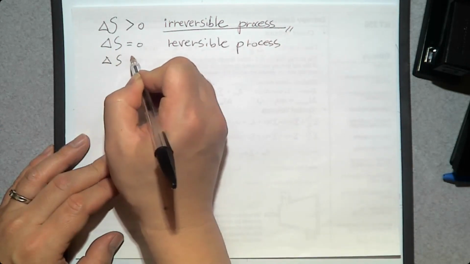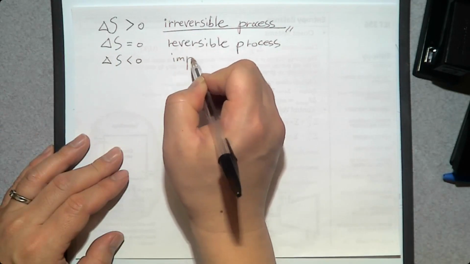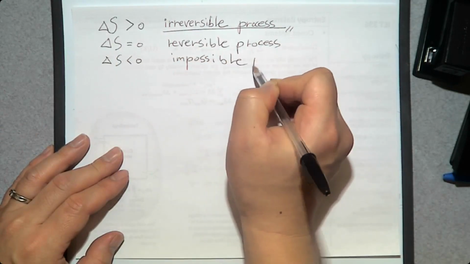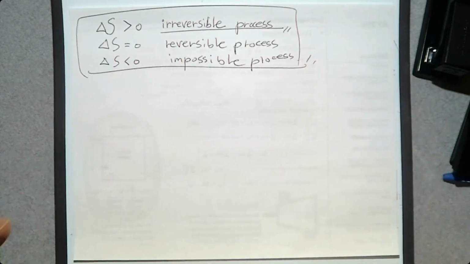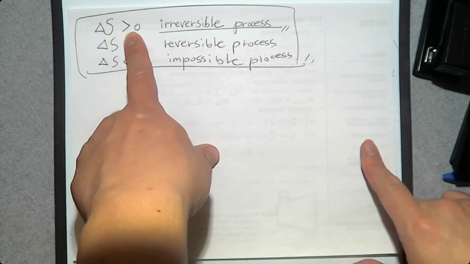When entropy change goes below 0, it is an impossible process. Okay, that we know. So entropy should increase all the time, unless it's an isentropic process, but it is unlikely to see an isentropic process in the real world, right? Because whenever there is a process, there could be irreversibilities. So most processes have an entropy increase.